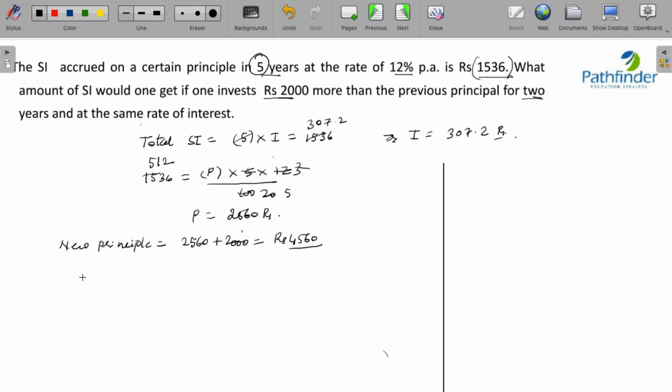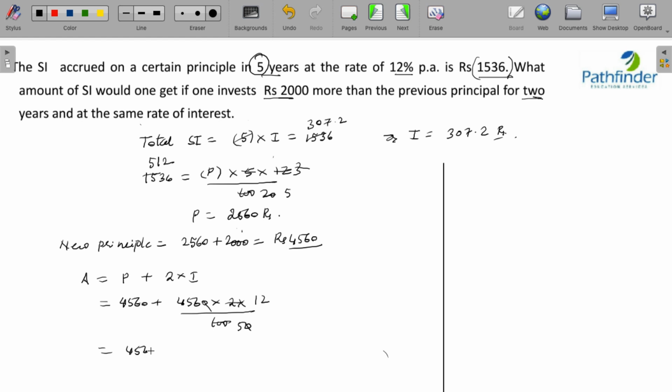So the amount will be principal plus the interest for 2 years, which is equal to 4560 plus 4560 into T is 2 into 12 divided by 100. So this is 50 times, this gets cancelled.